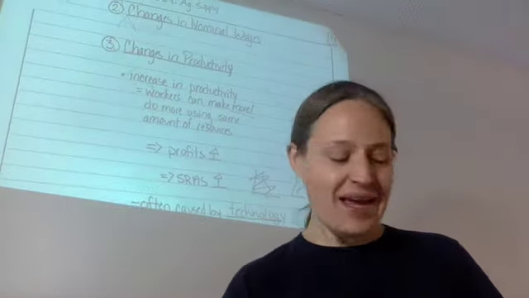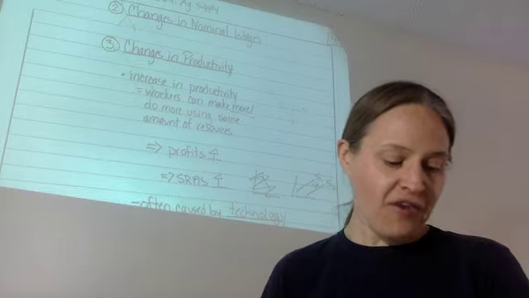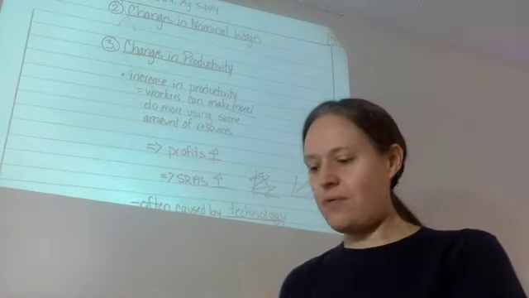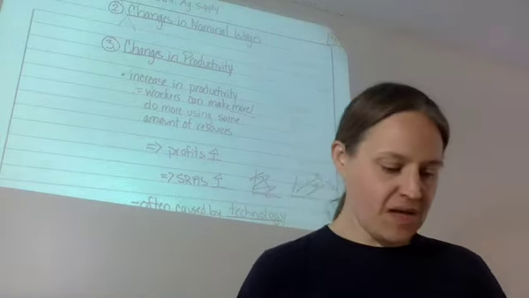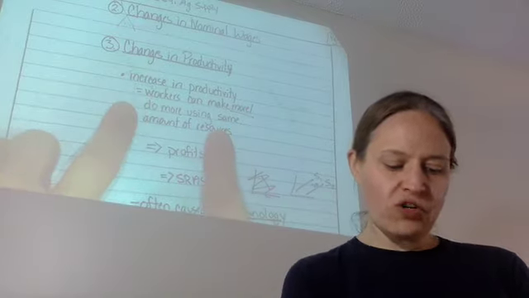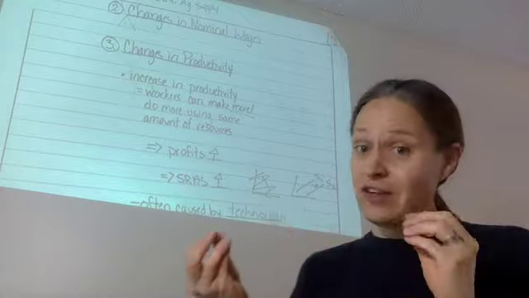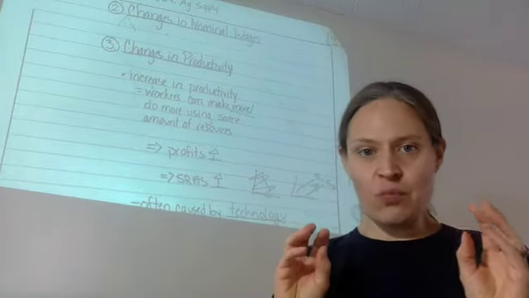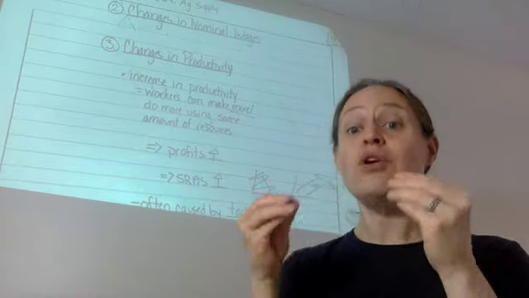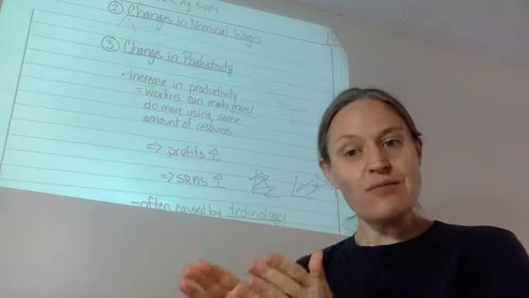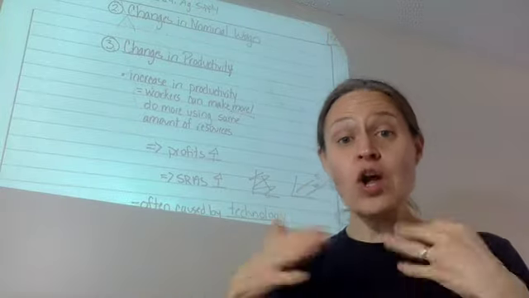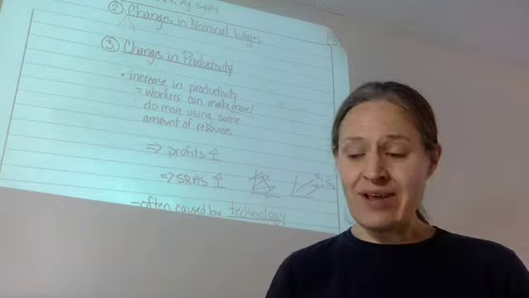And then number 3, changes in productivity. It says that an increase in productivity means that workers can make more using the same amount of resources. The word productive comes from produce. To be more productive means that you can produce more, do more, given the same amount of resources.